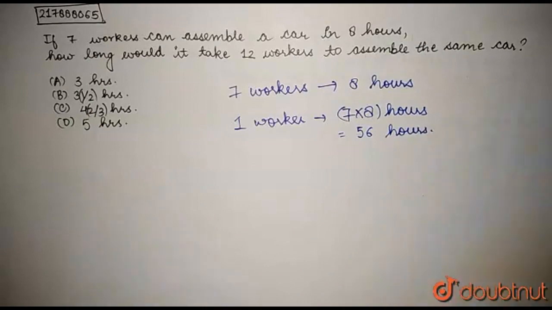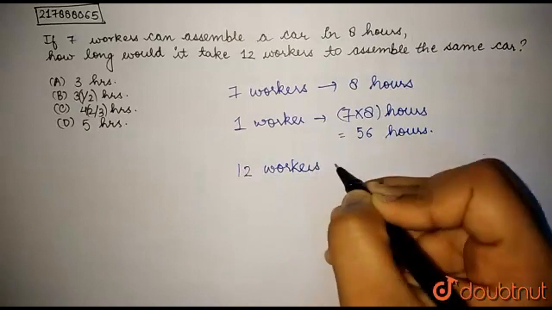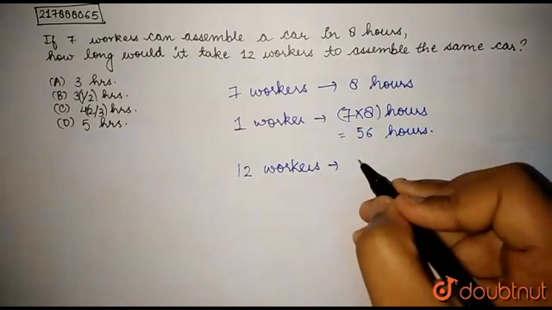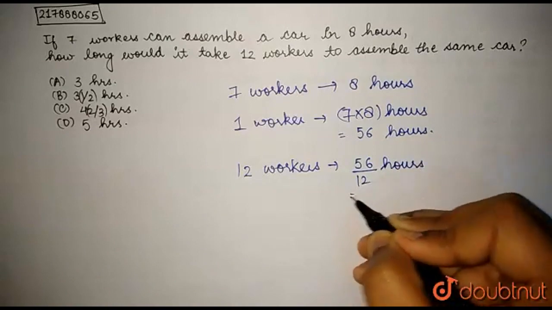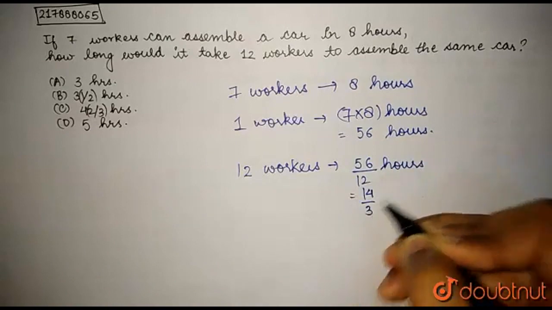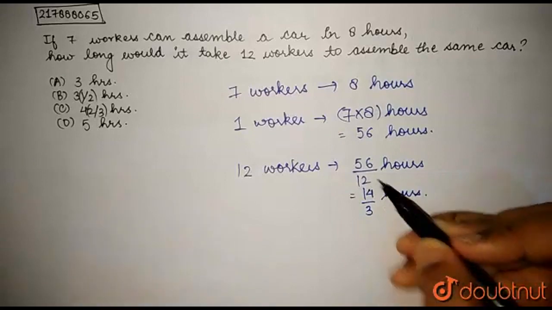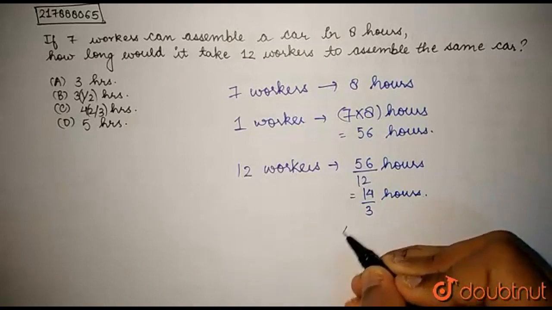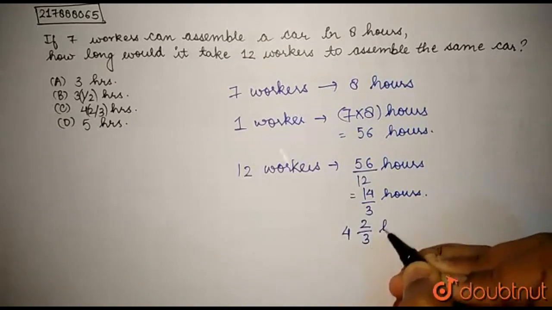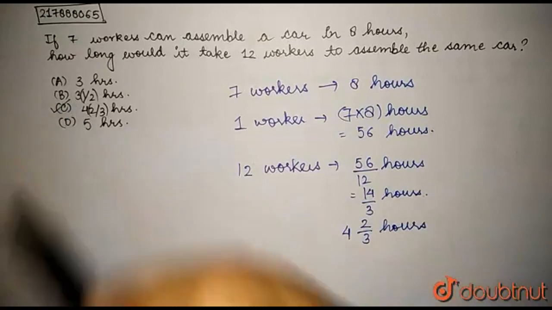Now, if we employ 12 workers, we would be able to finish the task in 56 by 12 hours, which is equal to 14 by 3 hours, which is an improper fraction and can be expressed in terms of a mixed fraction as 4 whole 2 by 3 hours, which is the answer in the C part.